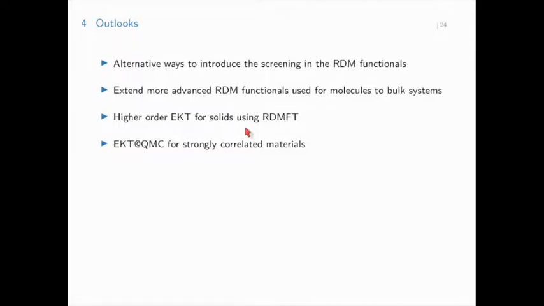As I showed you, in the literature there is only one calculation made for silicon, combining the EKT and quantum Monte Carlo. It would be really interesting to have the same kind of calculation also for strongly correlated materials like nickel oxide.